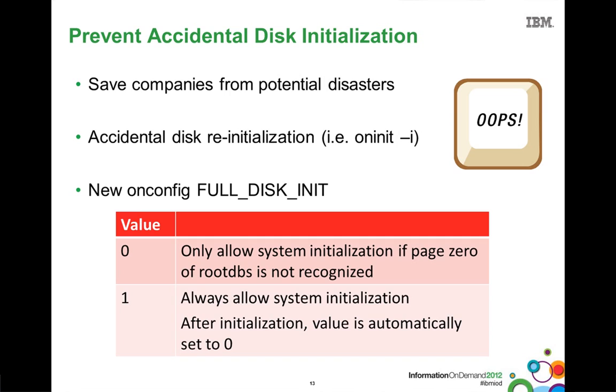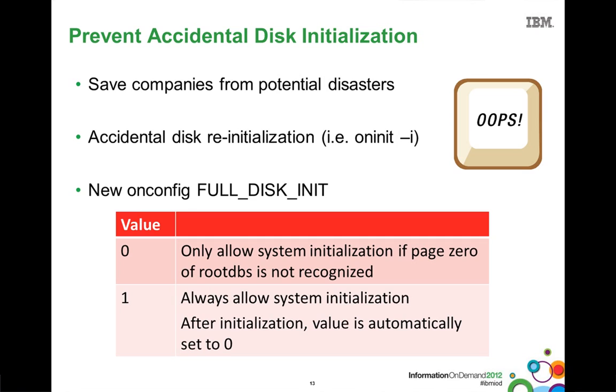When you go to initialize your system, if we recognize that the page at the beginning of the root DBS was previously used or is in current use by Informix, we will not allow you to reinitialize the system. Now, how do you get around that? Well, you set the full disk init onConfig parameter to 1. That says always initialize the system, even if I recognize that there is Informix there.